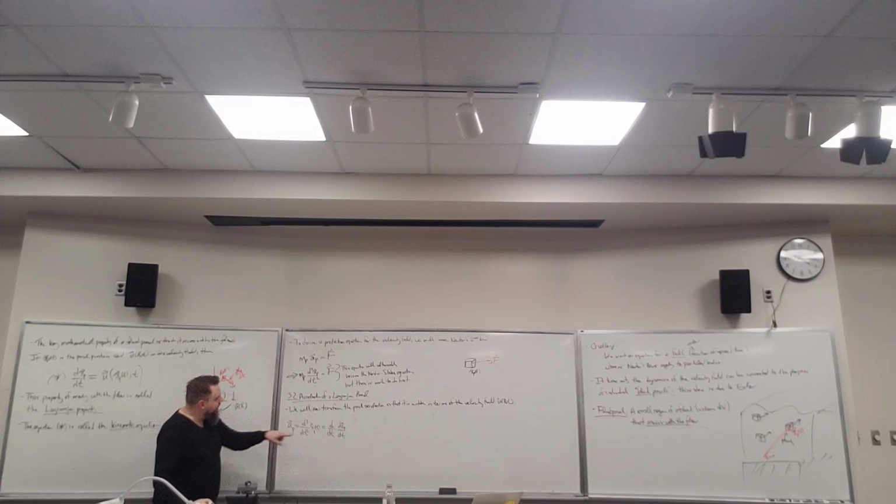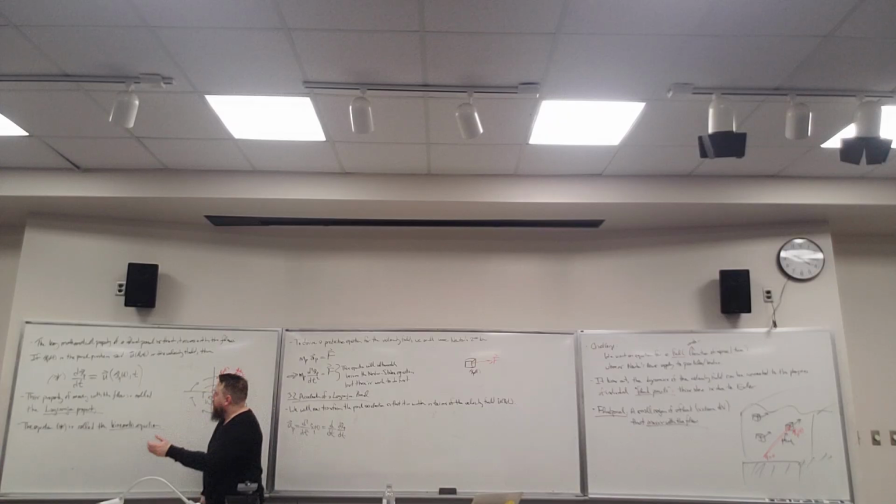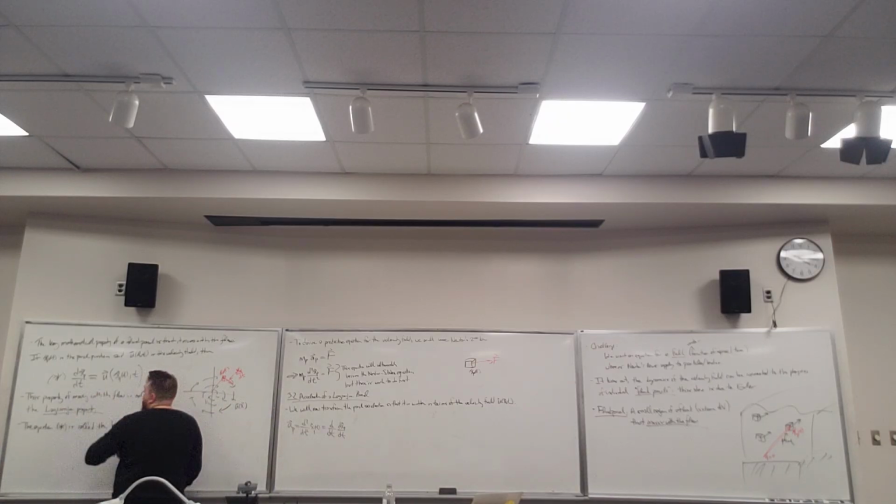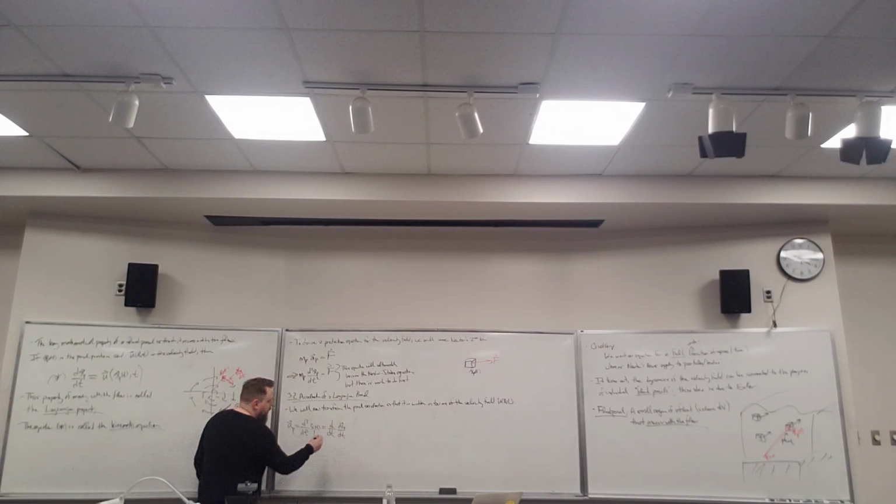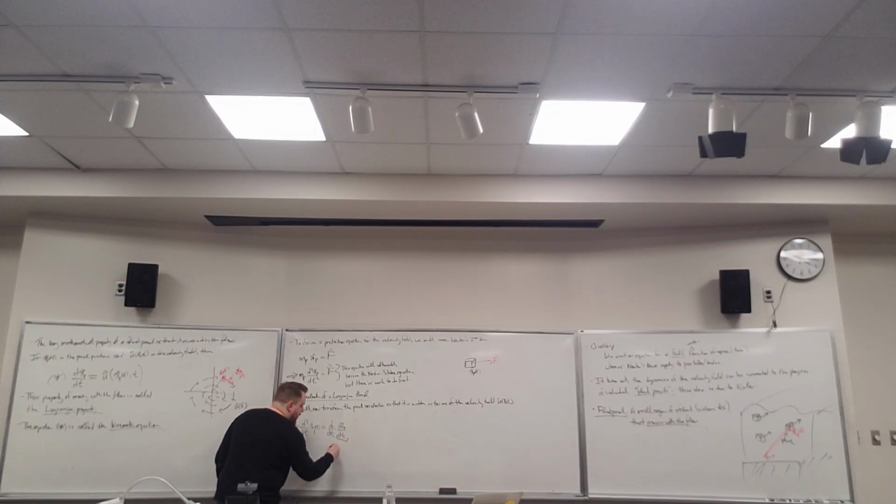But this dxp dt, we know from the kinematic equation, just by the definition of what a Lagrangian parcel is, it has to move with the flow. So this piece here, dxp dt, equals, by the Lagrangian condition, u of xp of t.